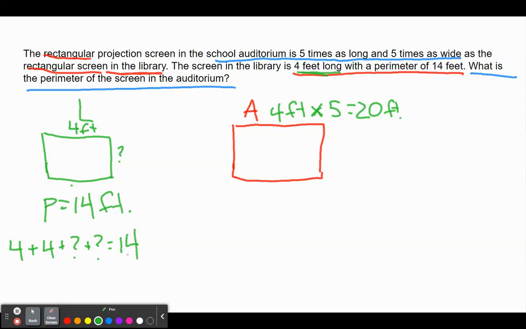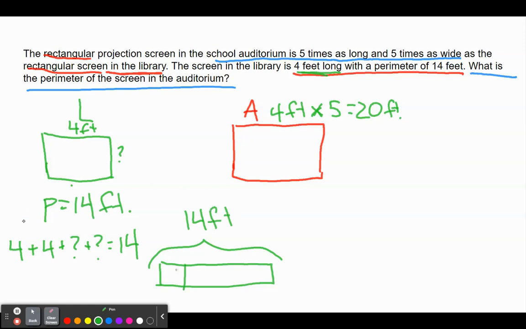So let's go ahead and make a strip diagram. If I make a strip diagram, I know this whole portion right here is 14 feet, right? One side is 4, the other side is 4, and we don't know how much these other portions are. So 4 plus 4, we know that is 8, but we don't know how much everything else is. Let's figure out how much is left over so we can figure out what the other two sides are.